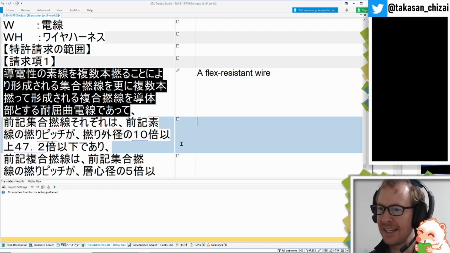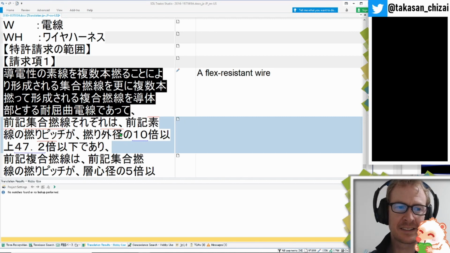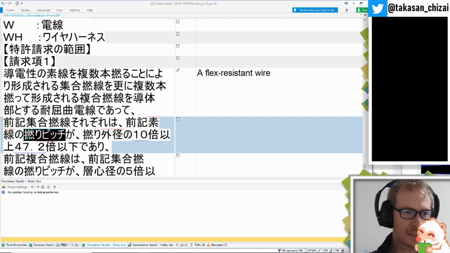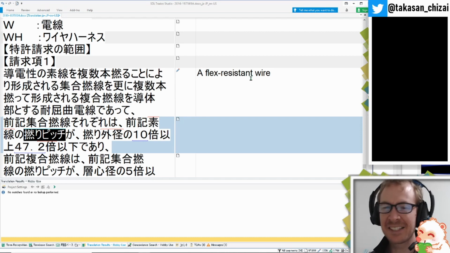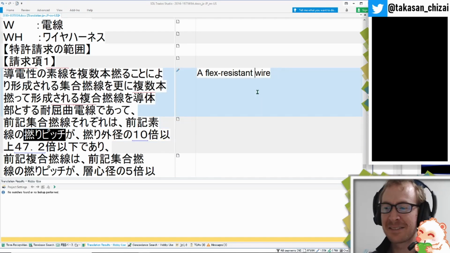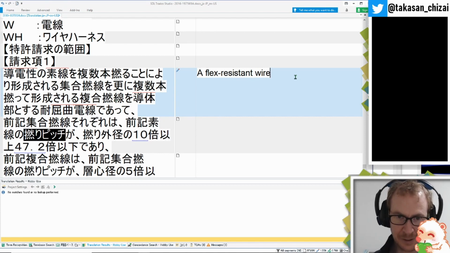And when you get down here, you can see that it's not talking about the parts and their configuration. It's talking about other things, further restrictions. So this tells us that the meat of the invention is right here. So we put comprising.